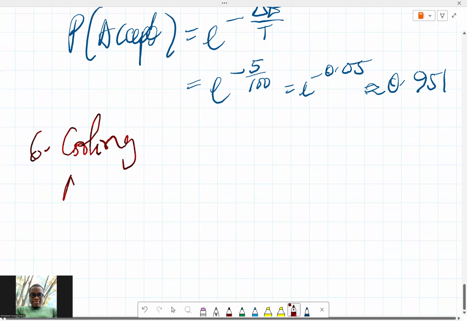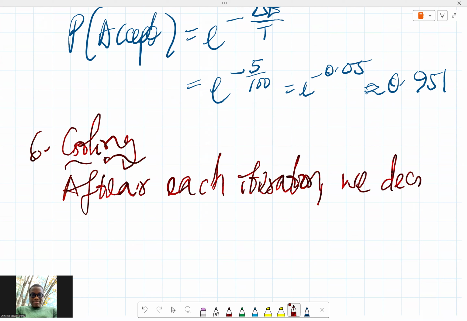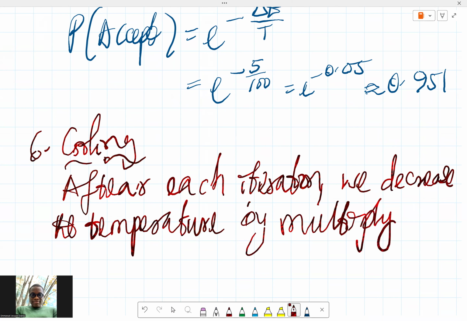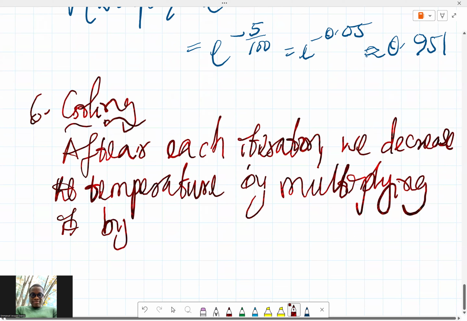After each iteration, we decrease the temperature by multiplying it by alpha equals 0.95. That's the rate of cooling.